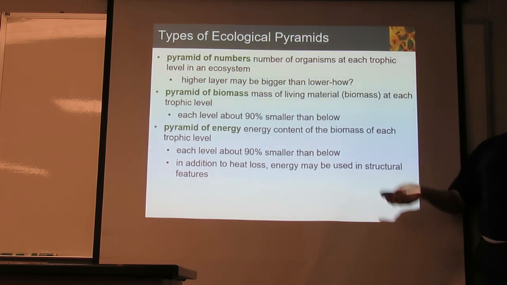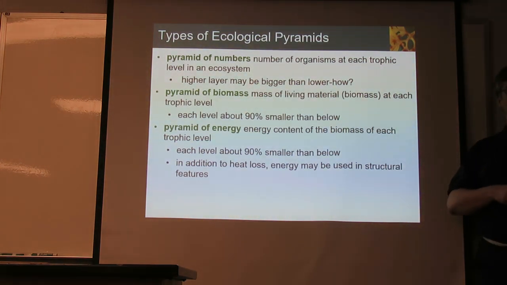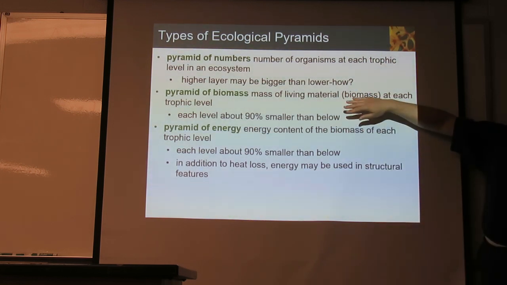A lot. So we could certainly have more bugs than maple trees, but the total amount of bug, if we add up their mass, is going to be a lot smaller than the total for the tree.